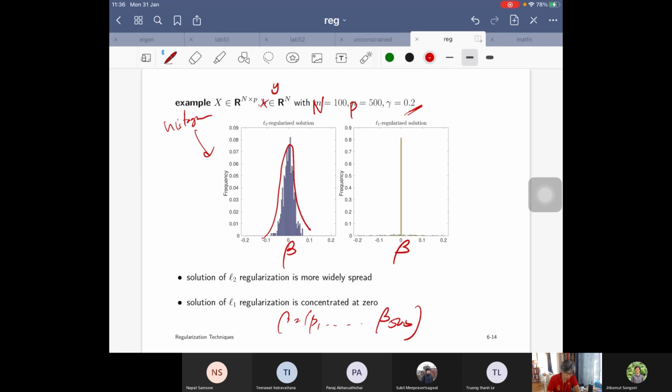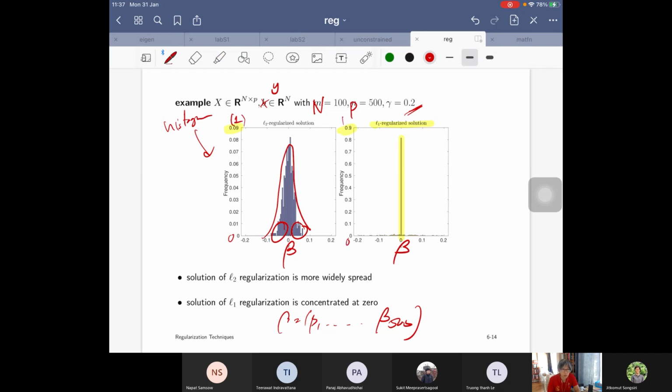Some of them are 0, but some of them are non-zero. On the other hand, if you look at the histogram of the L1 regularized solution, what do you see here? The frequencies here I think I normalized to 1, so the scale is from 0 to 1.